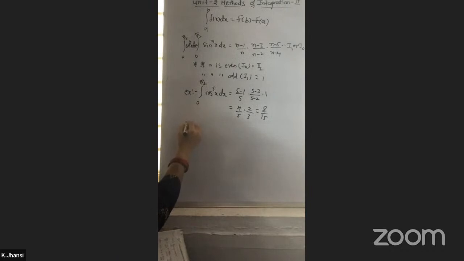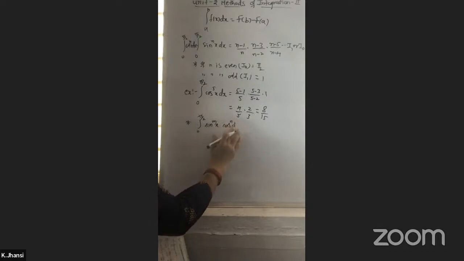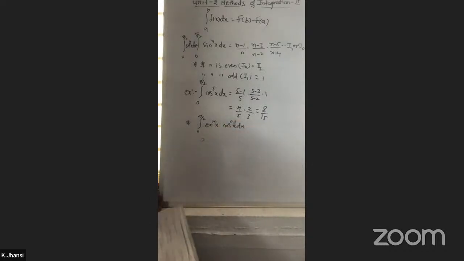This is the important one. They will ask this problem for the 10 marks question also. Sine to the power of m x cos to the power of n x into dx. So you will have the formula. Remember that formula. With the help of that, you need to find the answers.